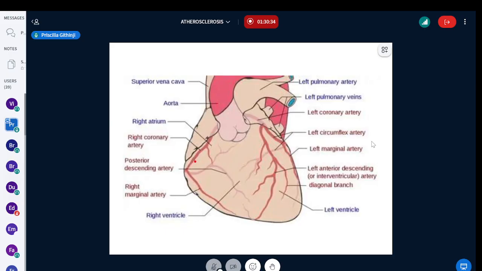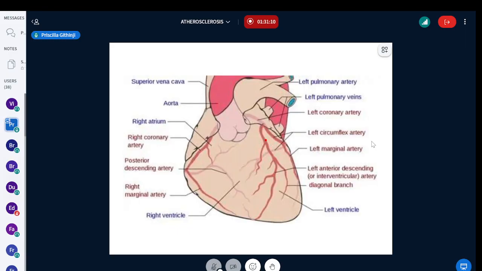You have the right coronary artery, you have the left coronary artery that forms the left anterior descending and the left circumflex artery, and this usually supplies the left ventricle. Then you have the right coronary artery with some of these branches that supplies the right ventricle. Why is this important? Depending on where the occlusion starts, you can have either minor infarcts or major infarcts.